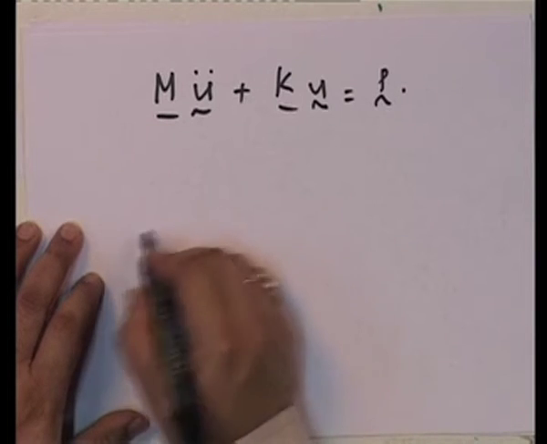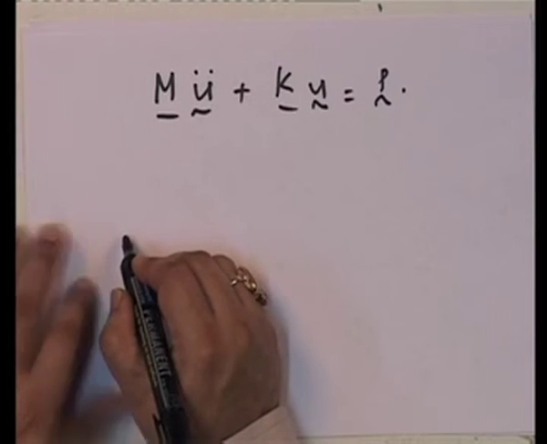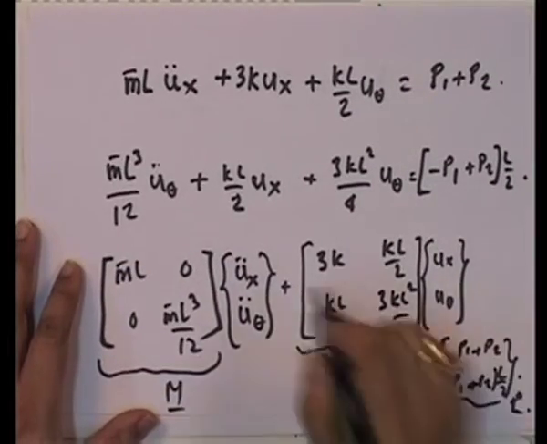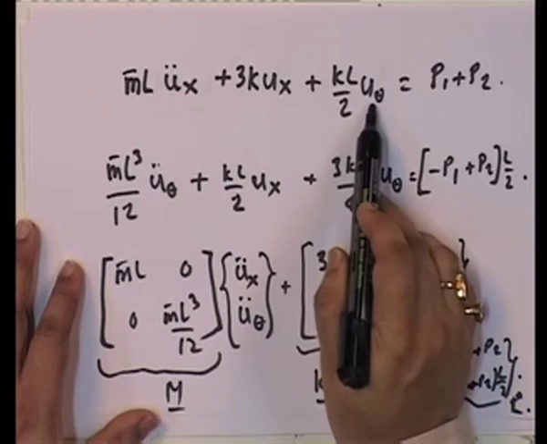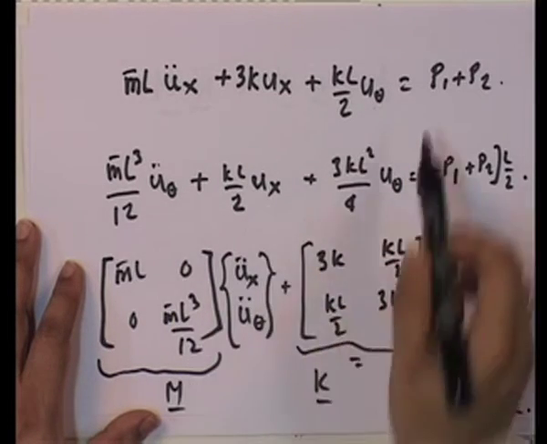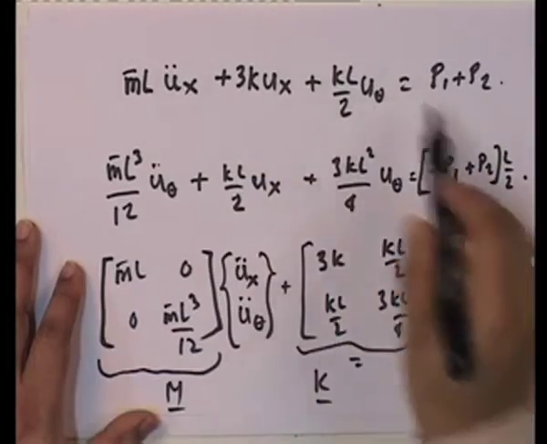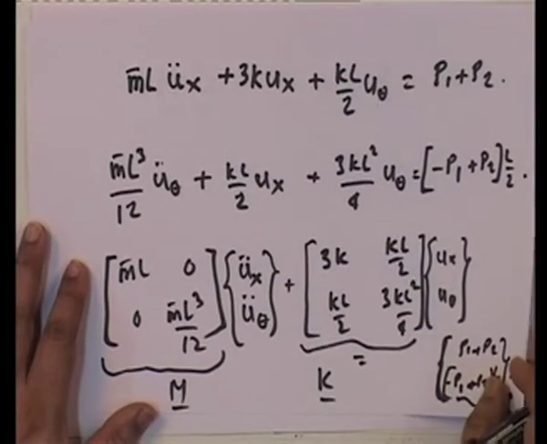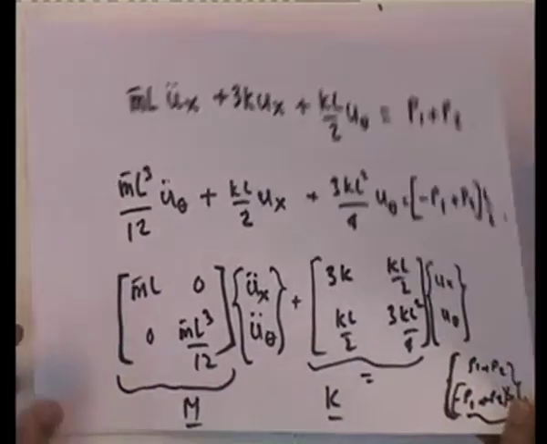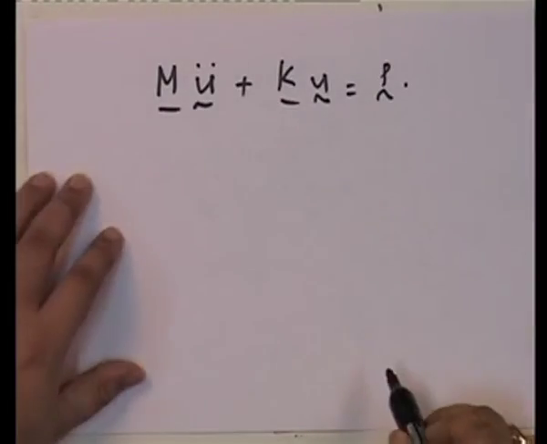And note this time that since this equation has ux and uθ, and this equation has uθ and ux, they are not uncoupled. They are not uncoupled, and since they are not uncoupled, it is actually two simultaneous differential equations, and that is why you have this.